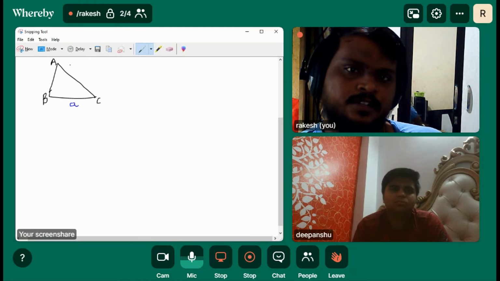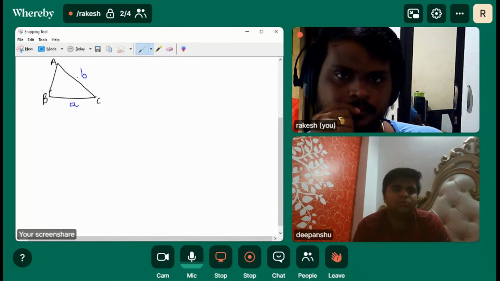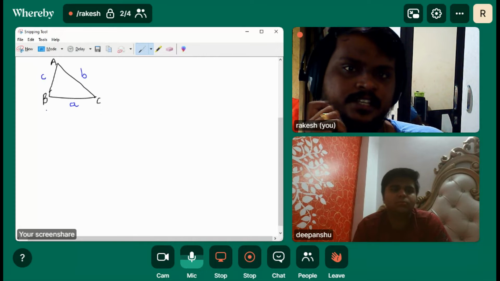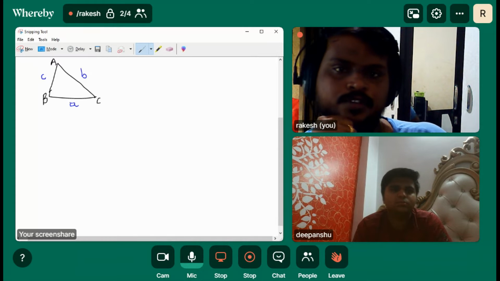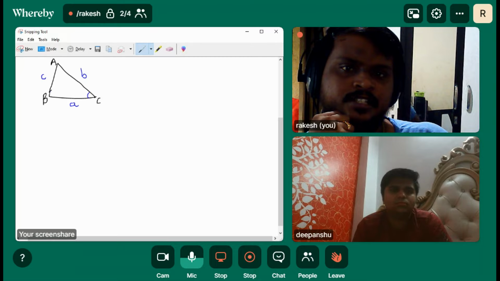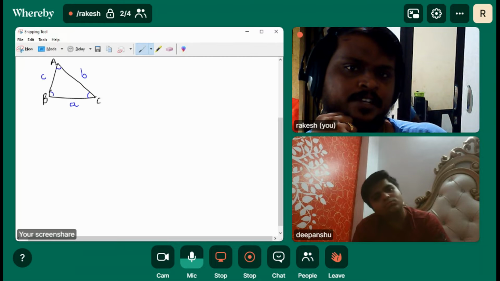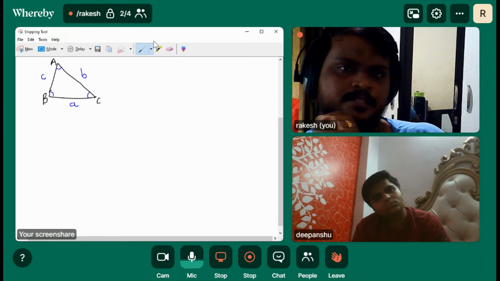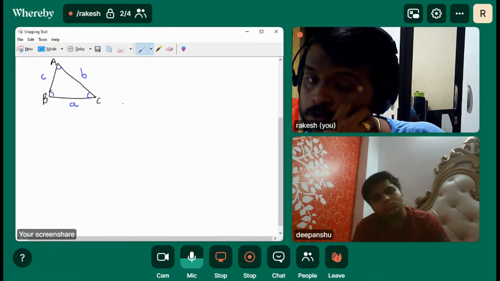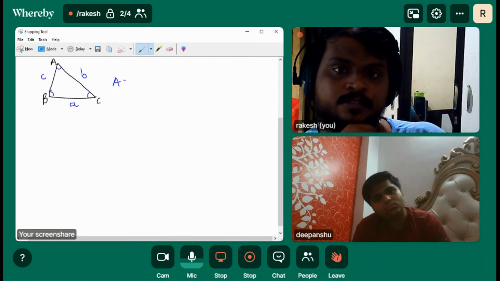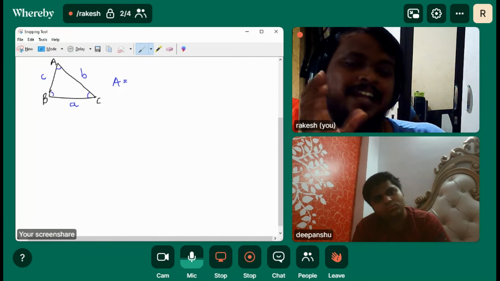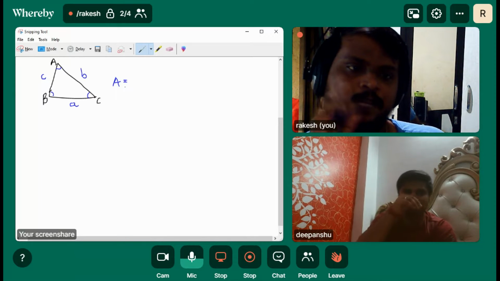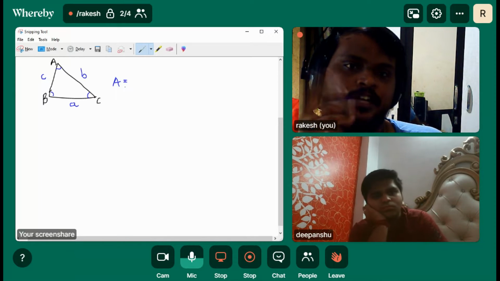What is the measurement of this AC? Small b. Opposite, and this is small c. The angles are written in capital letters, the sides are written in small letters. So what is the area of this triangle in terms of which includes angle B? If you have to include angle B, what will the area be?